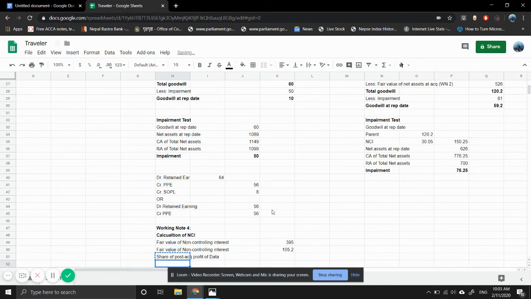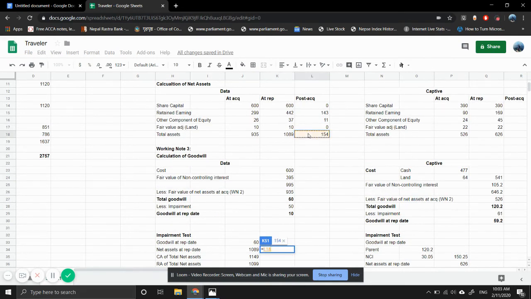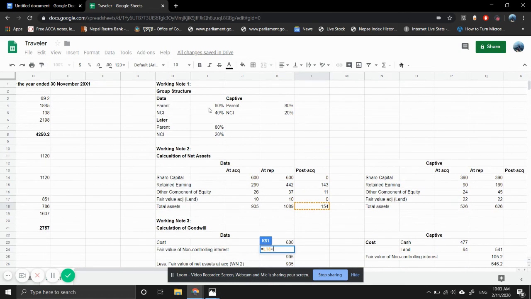And then the same thing down below, but share of profit of captive. How much was the post acquisition profit? It was this figure, into how much was the NCI. So NCI at the year end only changed, right? So okay, we will need to account for that as well.